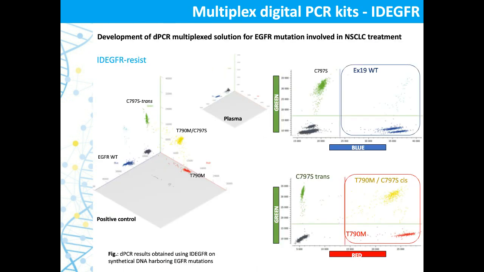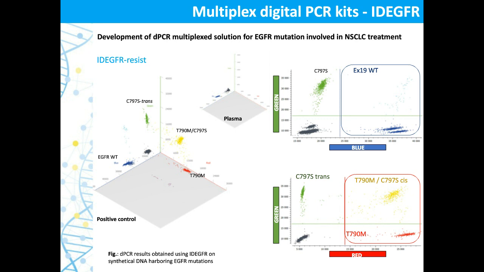If you look at the reaction for resistance mutations, in this one you will end up with 4 populations in the positive control. So in the 3D projections on the right, you can see in blue, the EGFR wild type.